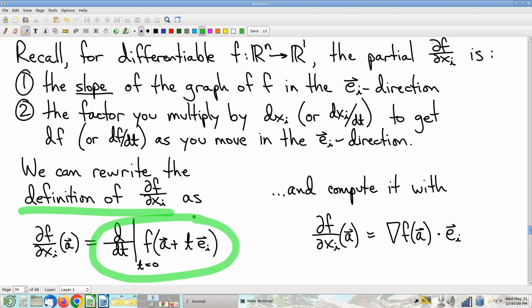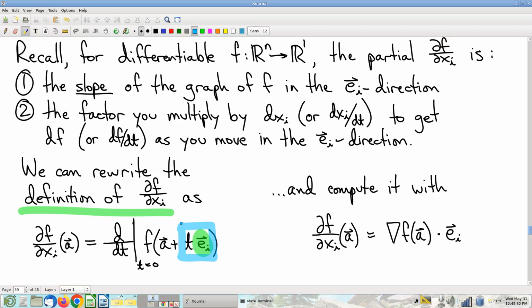This is written differently, to be fair, but just to get you started, notice that because e_i has a bunch of zeros in it, this term here, t times e_i, for all except for the ith variable, that's 0.